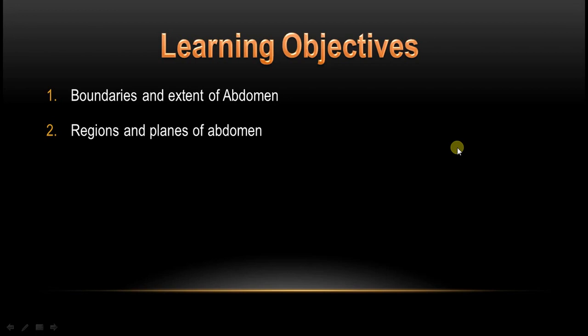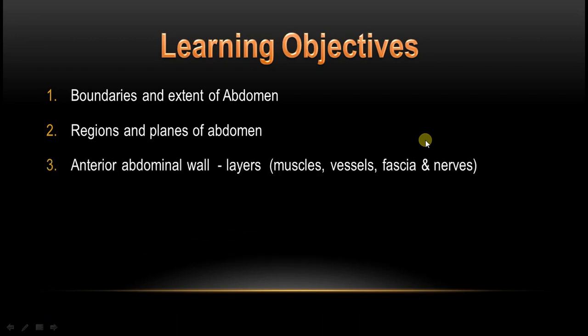Then we will pass on to the anterior abdominal wall, that is, we will be discussing the various layers, the disposition of the various layers, that is how the muscles are present in the anterior abdominal wall, the vessels, fascia and the nerves, all of which constitute the anterior abdominal wall.